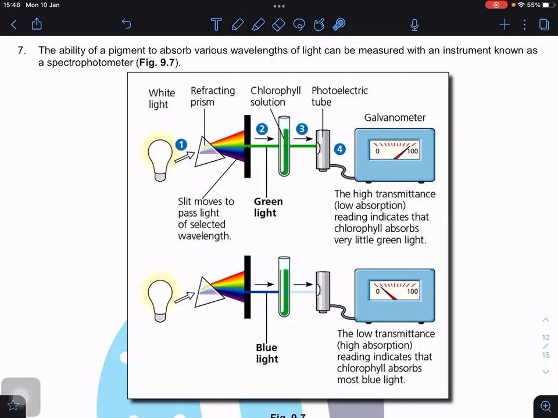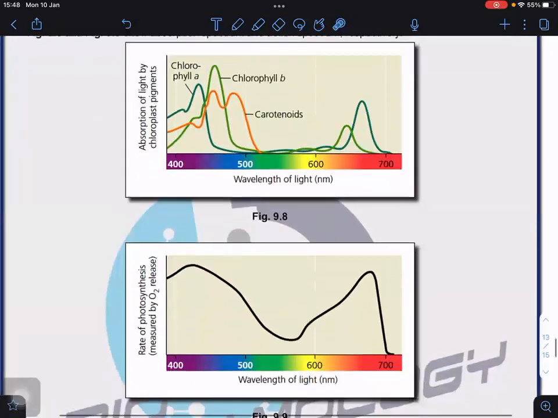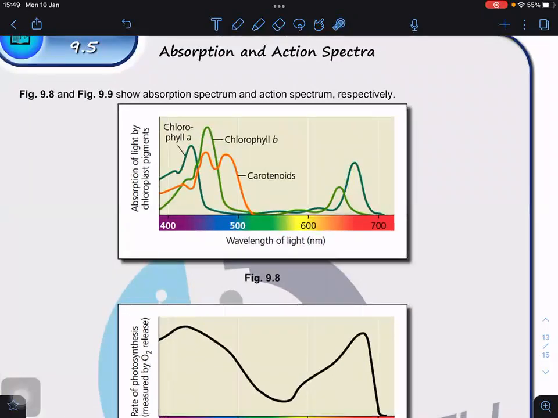They absorb blue and red. Can you see that? So we generate a graph, and this graph is termed the absorption spectrum. Can you see that chlorophyll A absorbs the blue and the red?